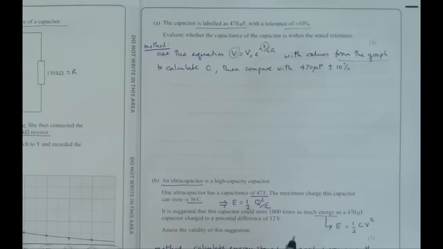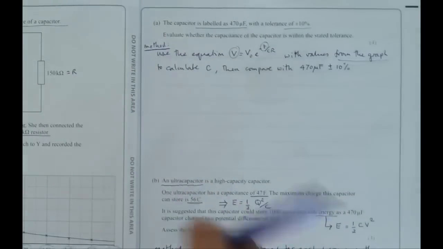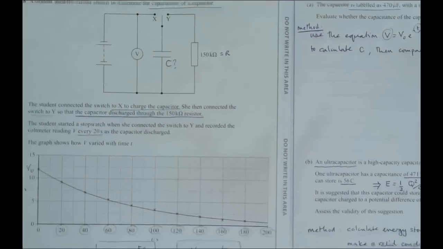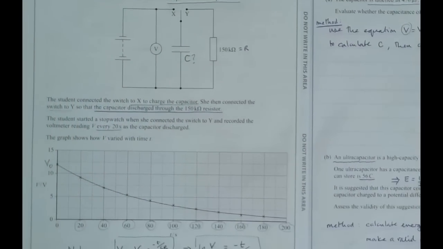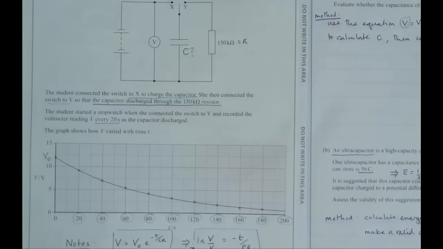Okay, so in the mark scheme, they have taken values of 4.1 volts. So at 4.1 volts, it corresponds to 80 seconds. So they've chosen a round number in time, and they've estimated that to be 4.1 volts, which is a bit difficult to do. You can choose different values.